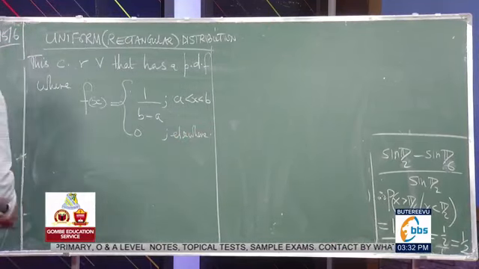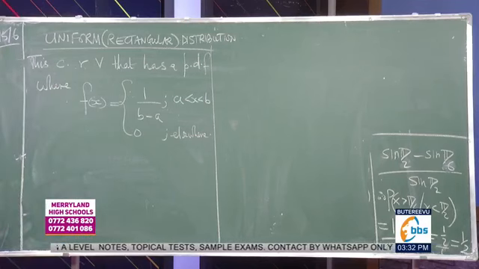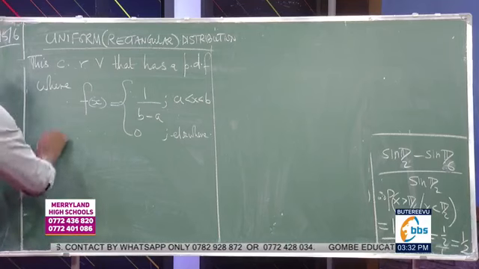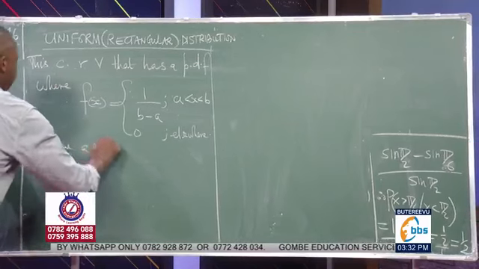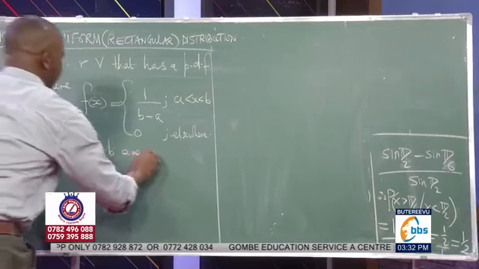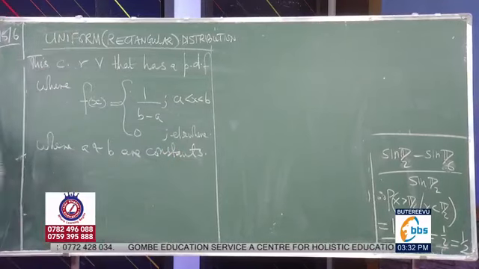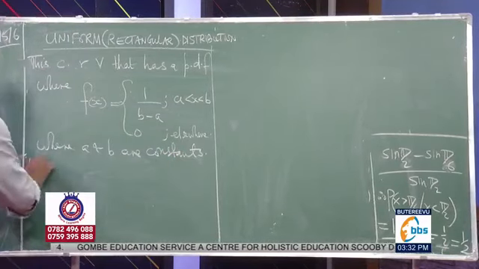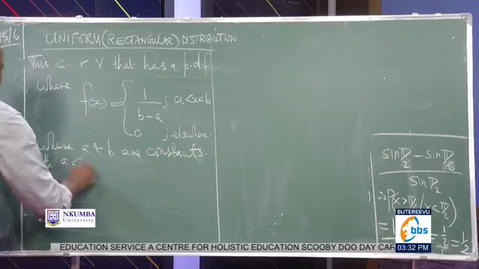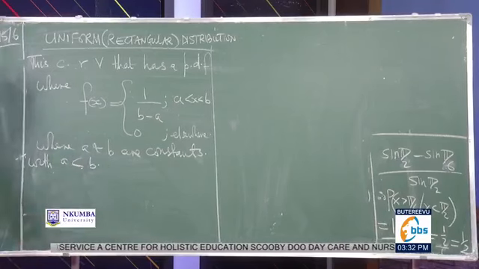It is the function where our PDF is given by that. And this implies that a and b are constants, with a less than b.